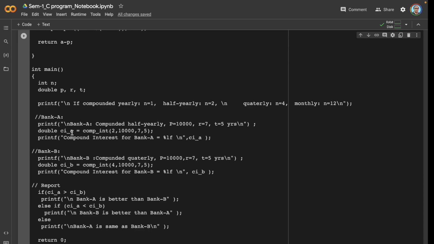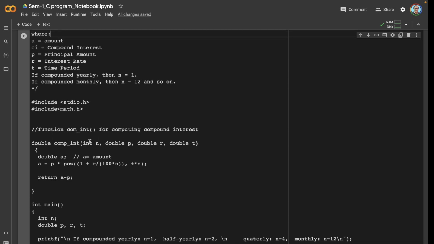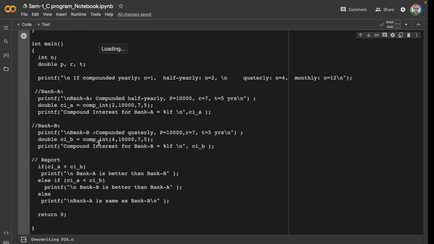So we call compound interest for bank A, CI underscore A, compound interest 2, 10,000, 7, 5. 2 for the function integer n, 2 for half yearly. So this compounded half yearly, so put here n equal to 2, and this p for principal value, this r for rate of interest, and this 5 is the years.